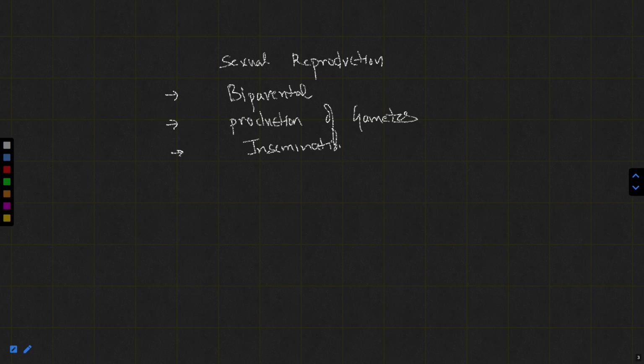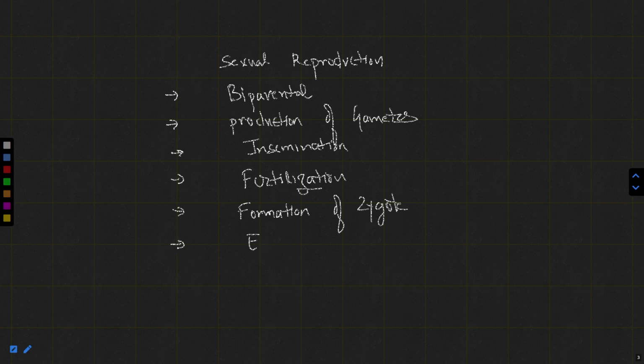Okay, then after insemination, what happens? Fertilization. Fertilization is the fusion of the two gametes, the fusion of the male and the female gamete. Then what happens? There is the formation of the zygote, and then the embryo is formed.